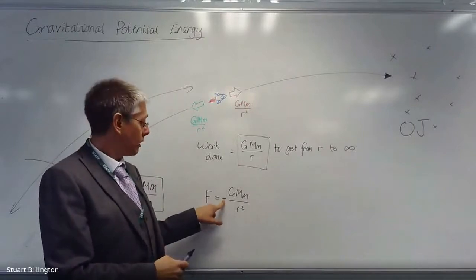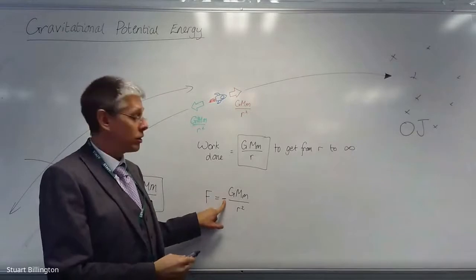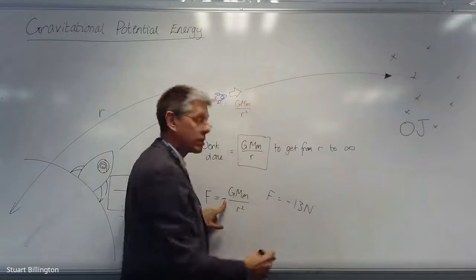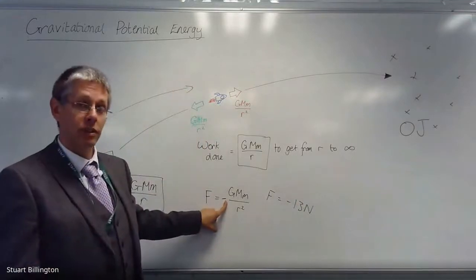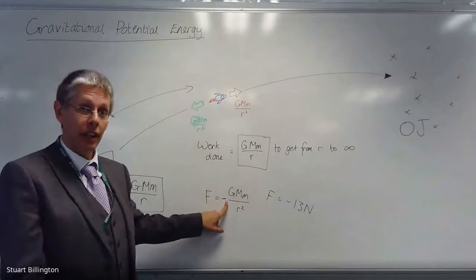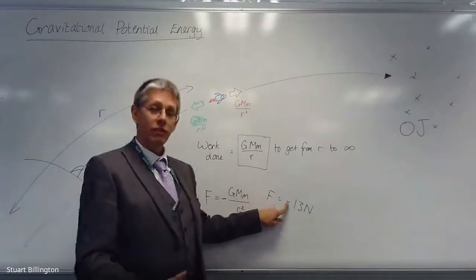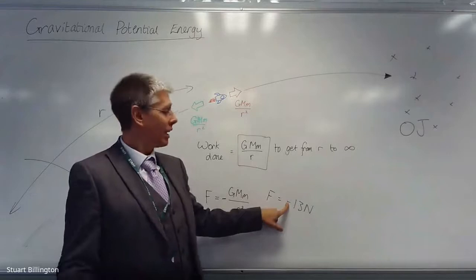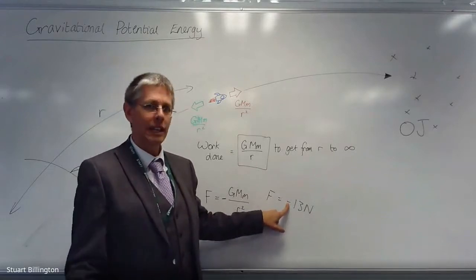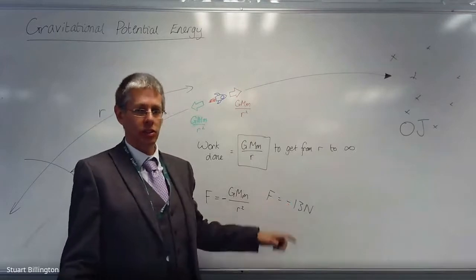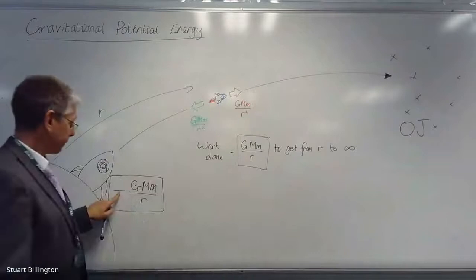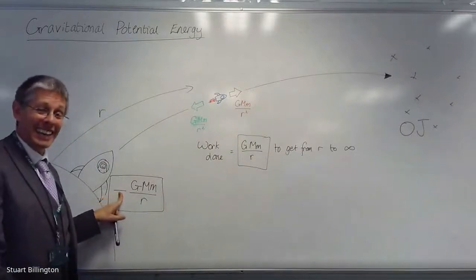And you certainly don't need to put it into your calculator, and you certainly don't need to be telling an examiner that the force is minus 13 newtons, because that's absolute nonsense. You can't have a negative force. That's ridiculous. The negative refers to the direction. It refers to the fact that this is an attractive force. It's not really minus 13 newtons. That's just stupid. But this minus sign, this really is there.